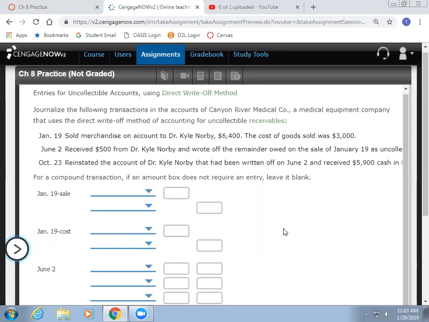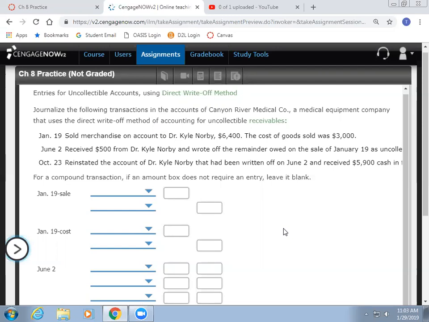As a reminder, the direct write-off method is not compliant with GAAP, generally accepted accounting principles. So it's great if we're a small proprietorship or partnership or even a privately held corporation, but we cannot use it if we are a publicly traded corporation.